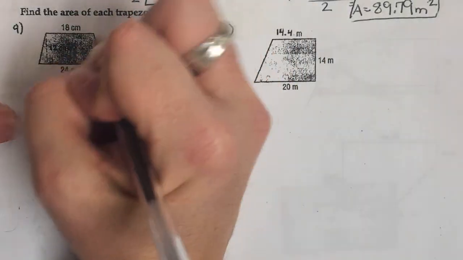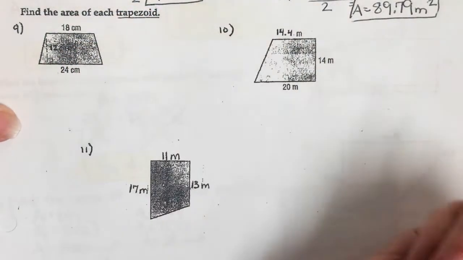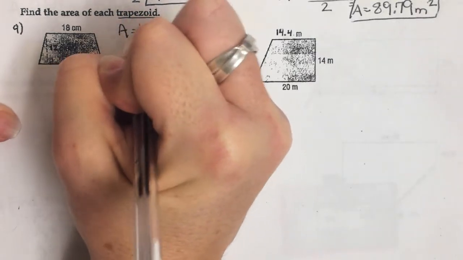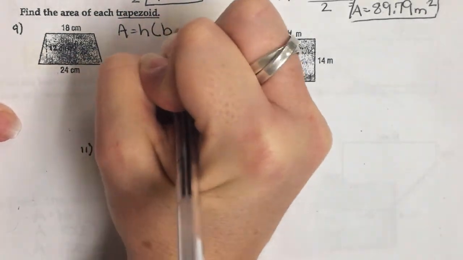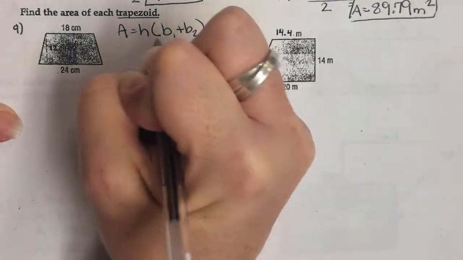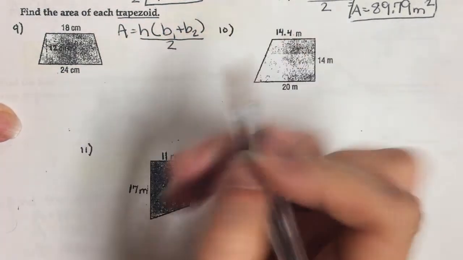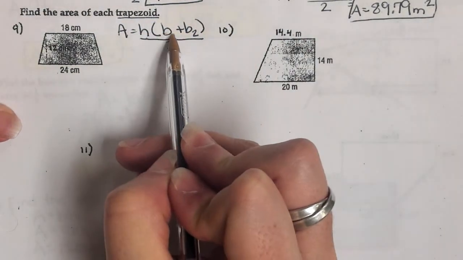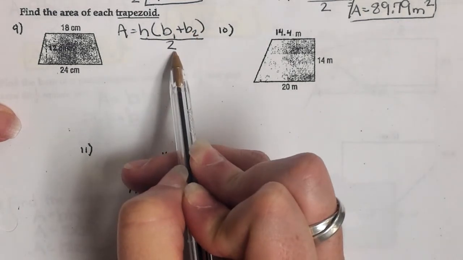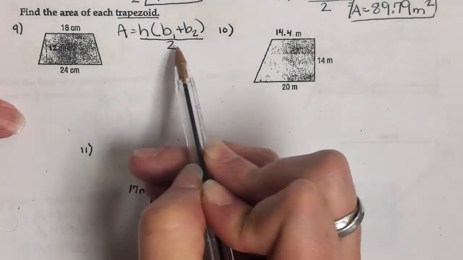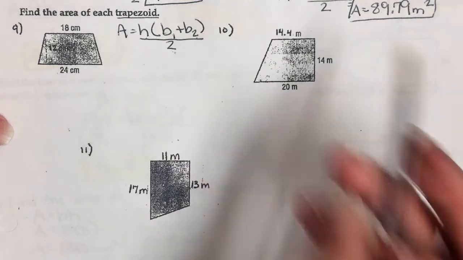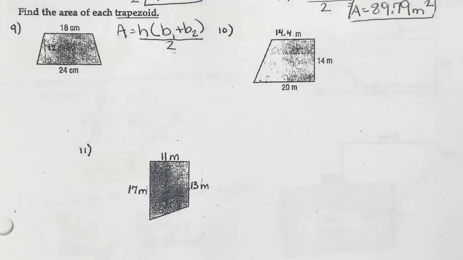The formula for the trapezoid, and there's the word trapezoid, is that height times base 1 plus base 2 divided by 2. Now, the bases are supposed to run like railroad tracks.